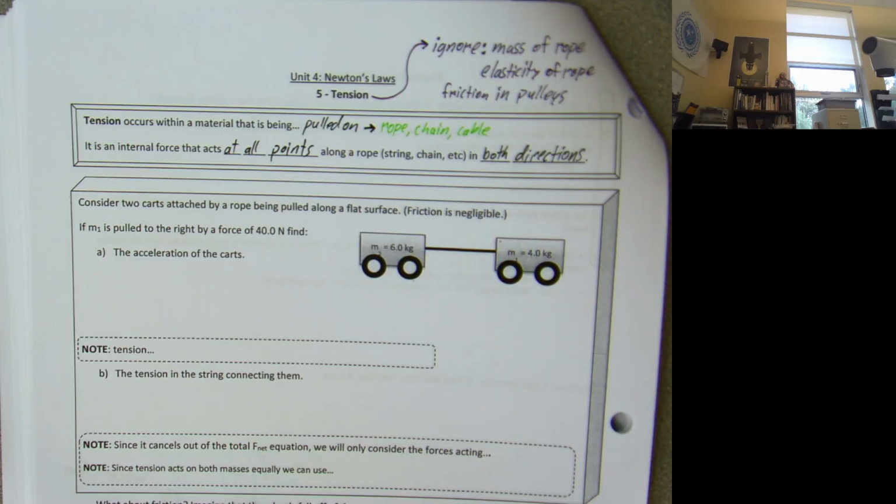Before we do this, when I define tension for you, I said it's an internal force that acts at all points along the rope in both directions. I think just giving you a rope and having you dangle on it gives you this idea. Where is the tension in this? There's tension on my hand.